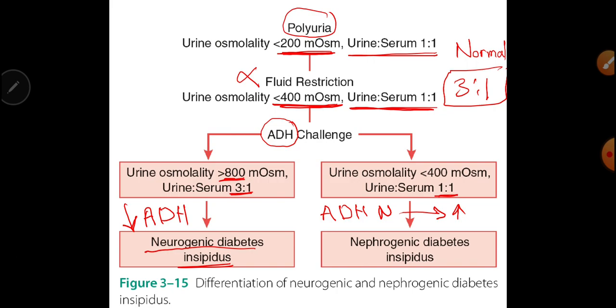There is a problem in receptors, in the physiological function of the kidney to respond to ADH, and this is called nephrogenic diabetes insipidus. We will take more details about this in endocrinology, but you have to understand that any patient who has diluted urine after restriction of water should be evaluated for ADH function. After injection of ADH, we can discriminate between nephrogenic and neurogenic disorders.